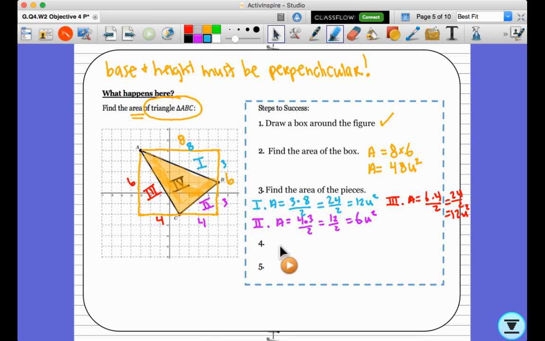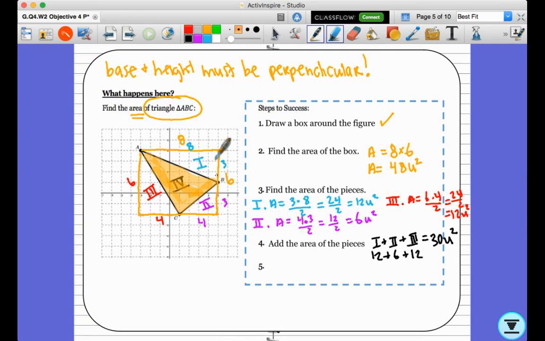Well, in my next step, I'm going to add the area of those 3 pieces. I'm going to add 1 plus 2 plus 3. So I'm going to add 12 plus 6 plus 12 again. That's going to give me 30 units squared.